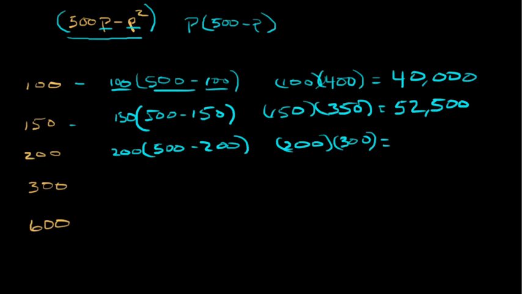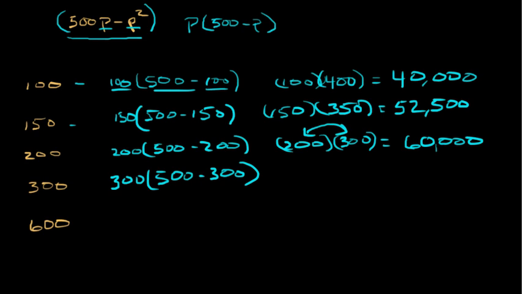This actually will illustrate the problem even a little bit better, which is 60,000. And then 300, you're going to see very clearly why this happens. Now, all you're doing is flipping these two. You end up with 300 times 200, which also equals 60,000.